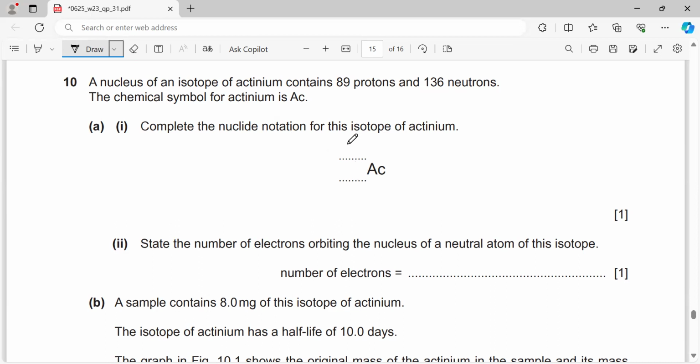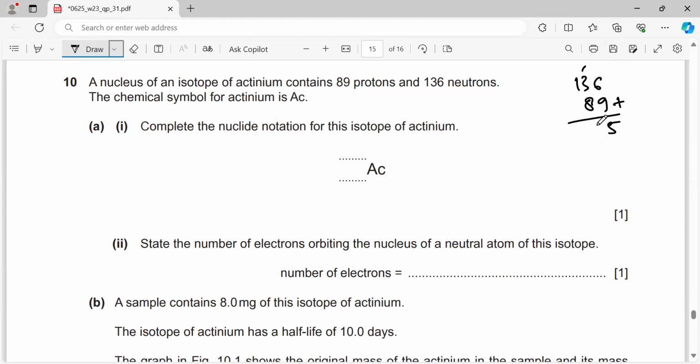Okay. So 225 here because it's 136 plus 89.